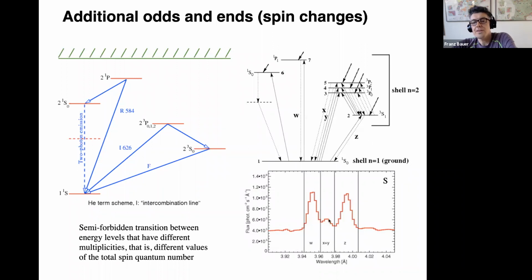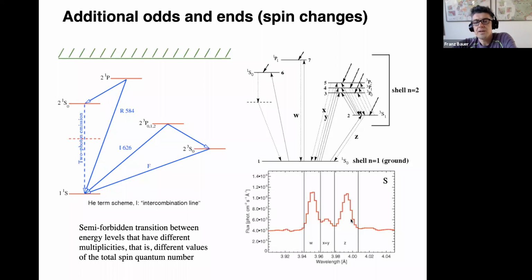In the X-rays, this is now 4 angstroms. So this is very high energy, think about 3 keV or so. You'll see the W line here, which is this transition, with the X and Y, which are here, which is a blend because these are very, very subtly different. And then you have the Z transition here.